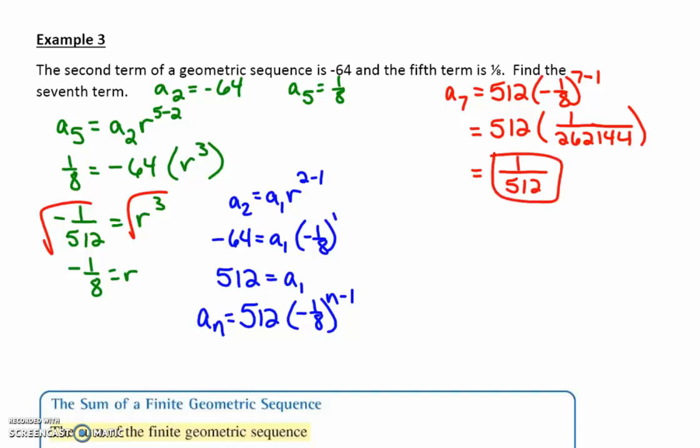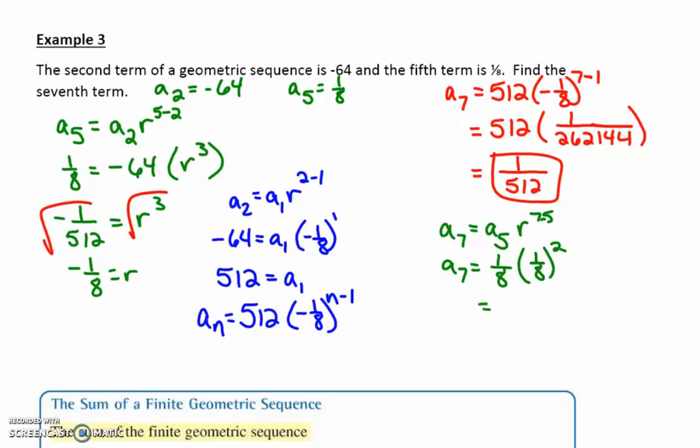Another way you could do that problem is you could do a sub 7 equals a sub 5 times r to the 7 minus 5. So you would have a sub 7 equals a sub 5, which is 1/8, times negative 1/8 to the 7 minus 5, which is 2.